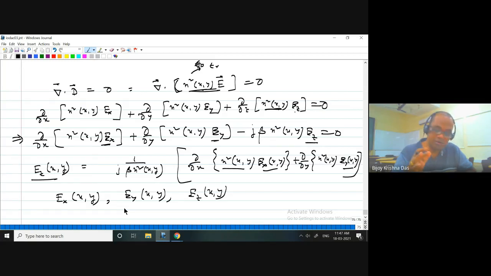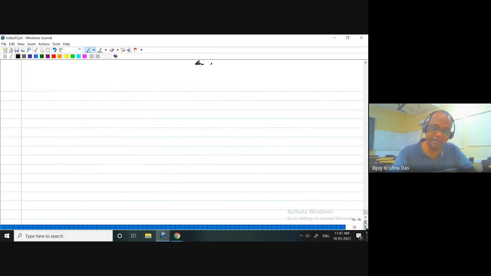Okay, now the remaining part is, what is the value of Bx, By, and Bz? These three components we can get directly from the other curl equation. We know that curl of E equals minus j omega B. So all the components of the electric field I know.